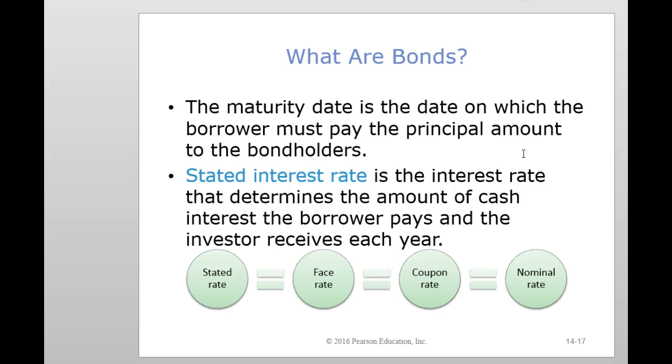So you have a stated interest rate, which determines the amount of cash interest that is going to be paid for the bond each year. Now, typically, interest payments are made every 6 months, so they're semi-annual. So you have the stated rate, that's also the face rate, the coupon rate, or the nominal rate.